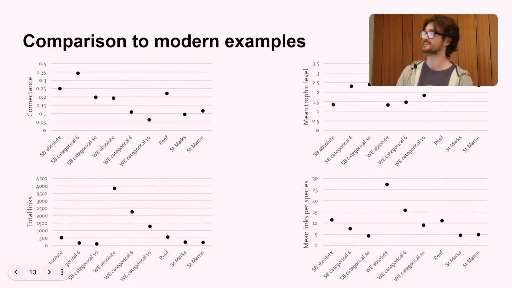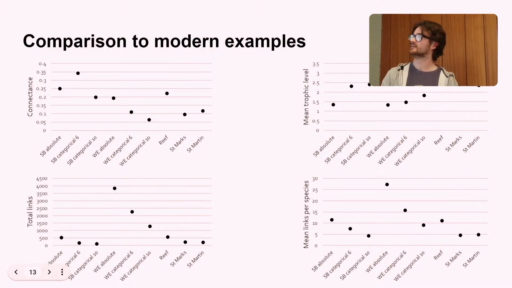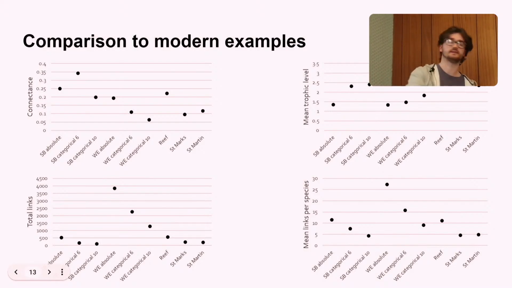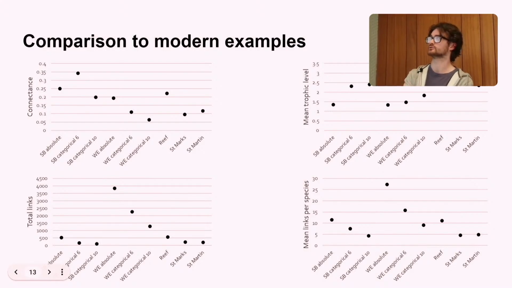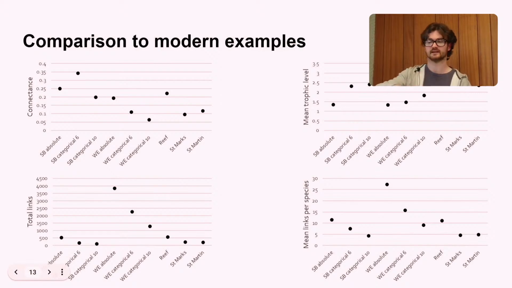Okay, so mean trophic level, obviously you would expect that to go up as the size rules become more restrictive, because it's artificially forcing these different trophic levels to occur. And in both cases, for Strawberry Bank and for Western Europe, the ones that were most similar to modern values were when there were 10 size bins.